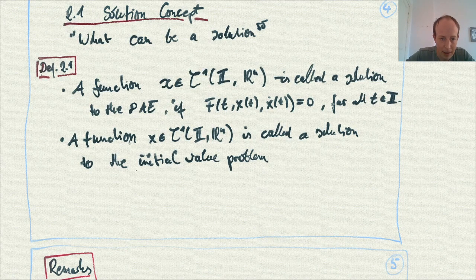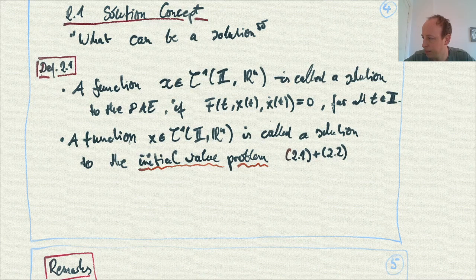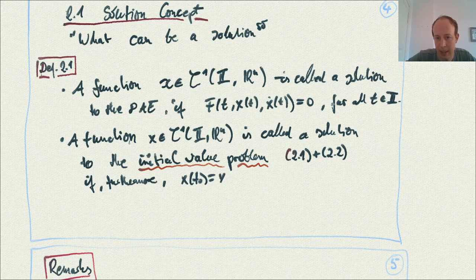Let me highlight this a bit. For the initial value problem, this should be equation 2.1 plus 2.2. No surprise then: it should be a solution to the DAE, but it should also fulfill the constraint. So furthermore, x of t0 is x0 holds.